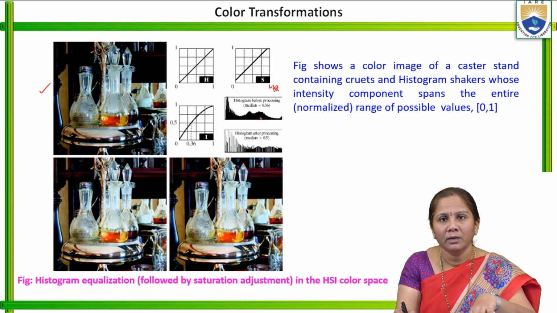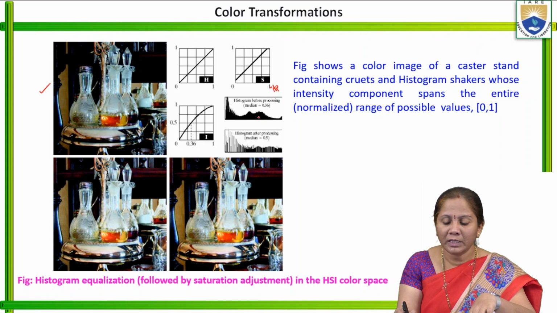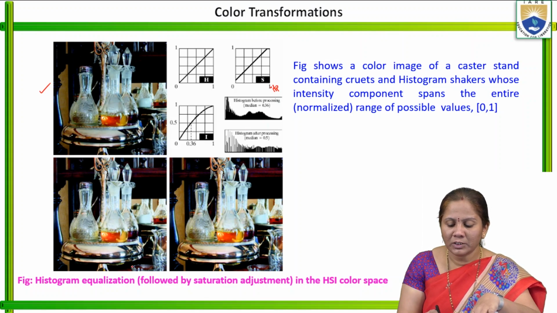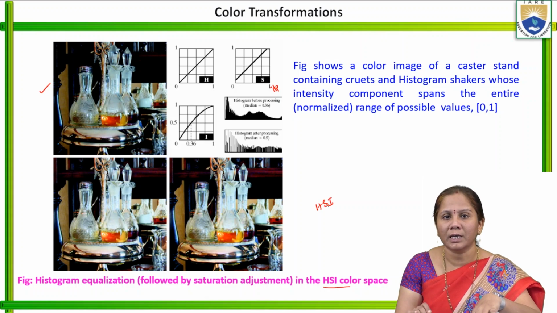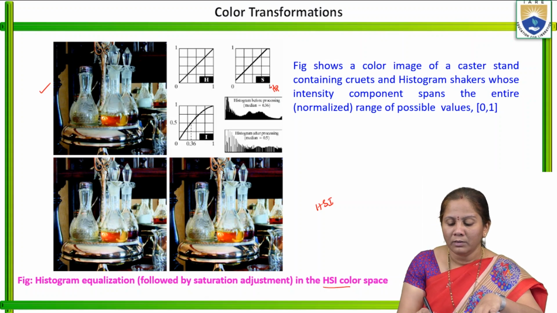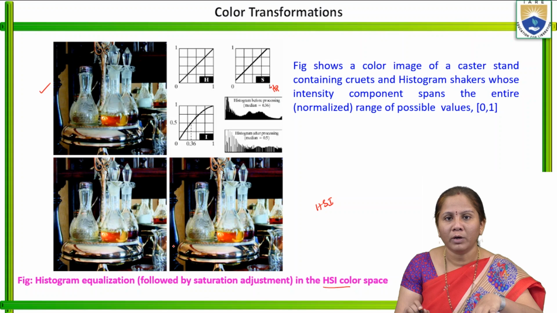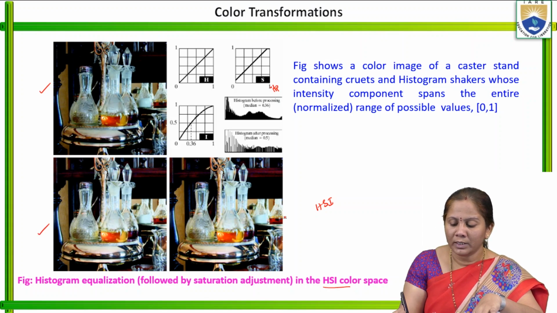Before processing, the histogram is very different. It is having the value at 0.36. After this image is processed, with histogram equalization in the HSI color space, they have used the HSI color model for processing this color image. After applying that, the output we got is this.